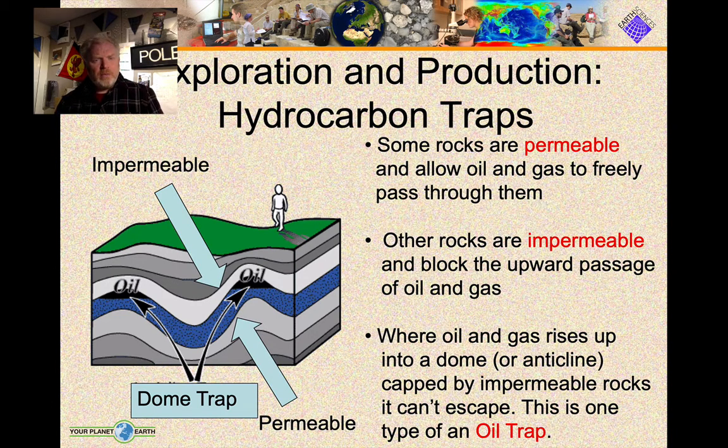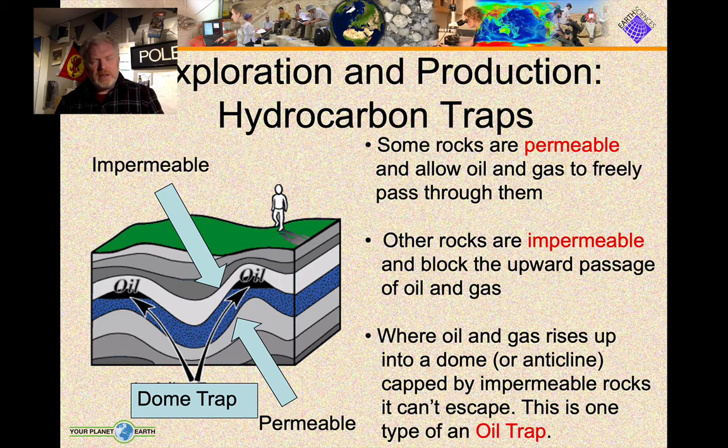Now, for oil to actually accumulate in significant quantity, we need to have the right combination of rocks and also the right structure. So we need to have rocks that will act as a source of this oil, or source rock.